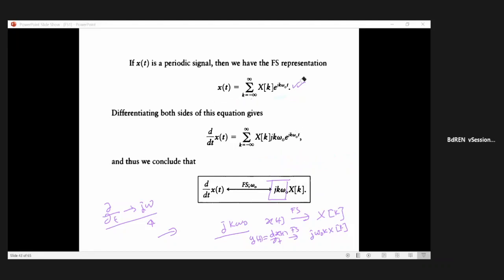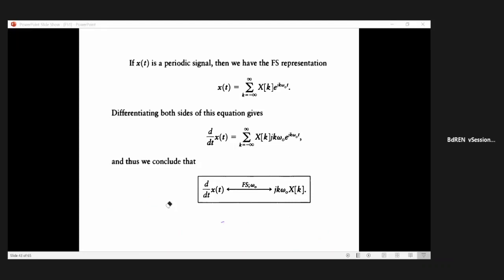So if a triangular wave is given, you differentiate it first. After this differentiation, you will get a simpler waveform and you Fourier analyze it. After that Fourier analysis is made, you divide that Fourier constant by j omega 0 k. That will be the Fourier series constants of the original signal.